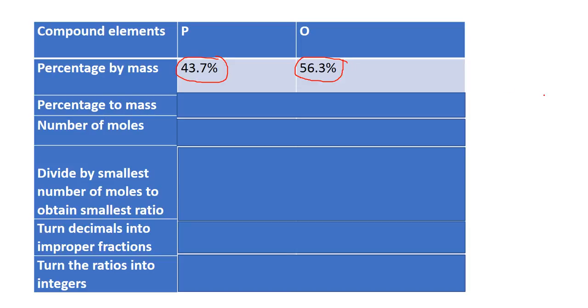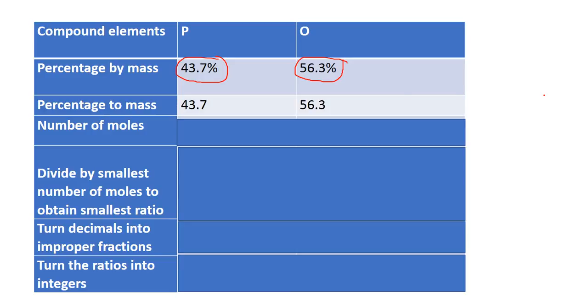So the second thing I will do is to change the percentages to mass. So the magnitude or the number is the same, we just remove the percentage. So in terms of mass, in grams, 43.7% changes to 43.7 grams.